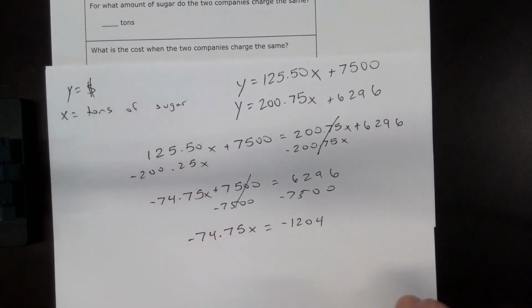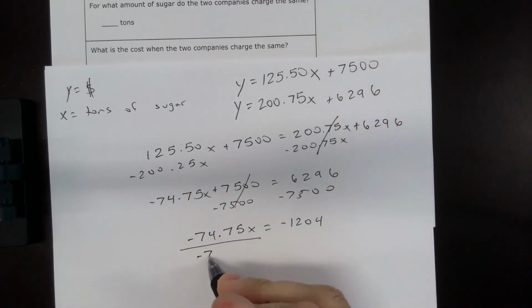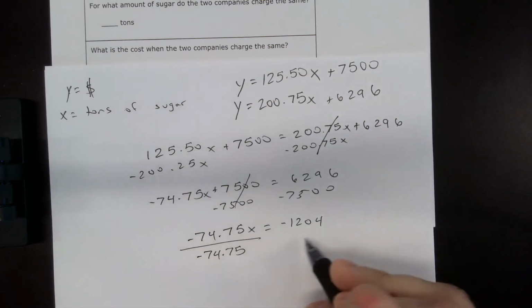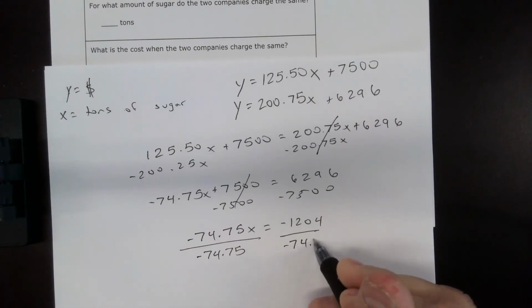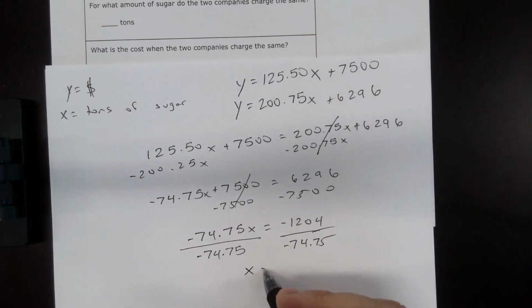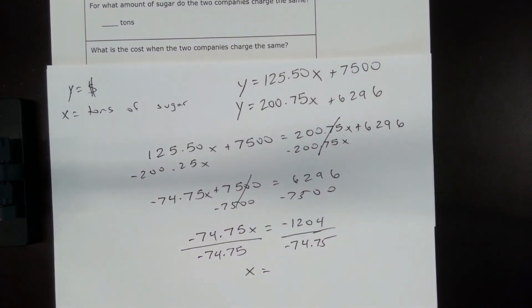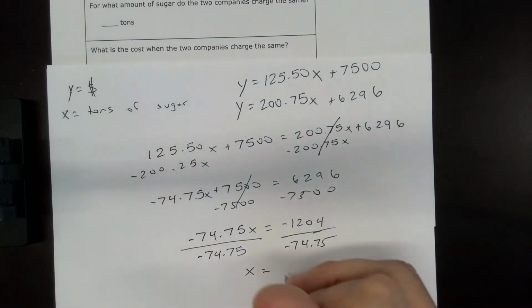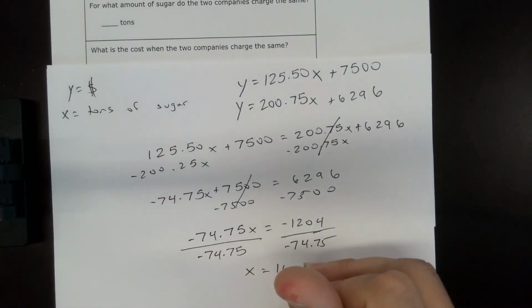Okay, and then now we're going to divide both sides, Tanner, by negative 74.75. Now I'm really going to need help with a calculator. So x is going to equal, what is it? 16.5 and then some decimals.